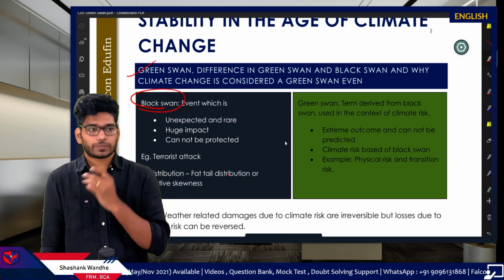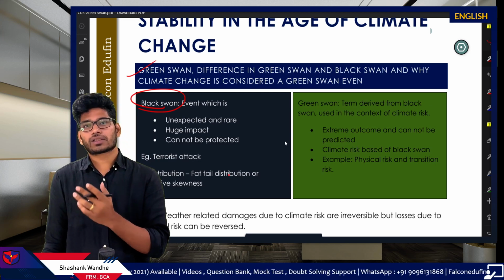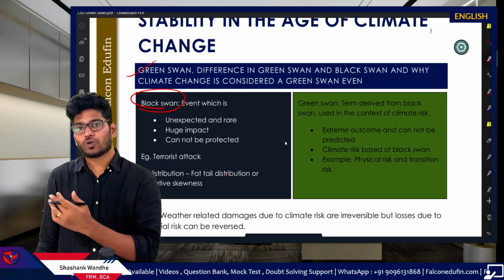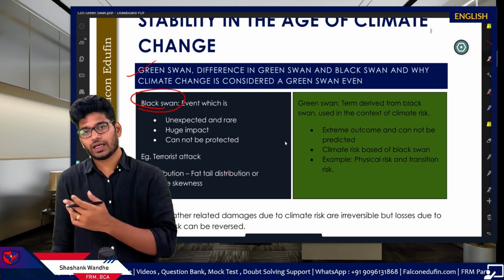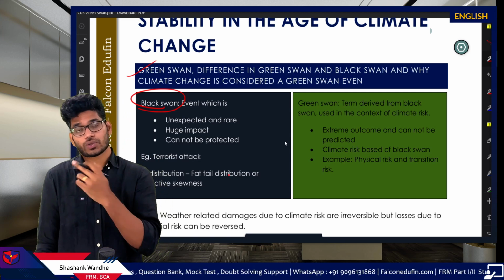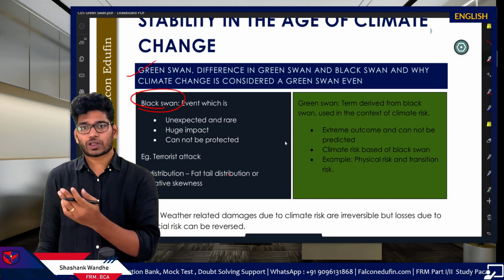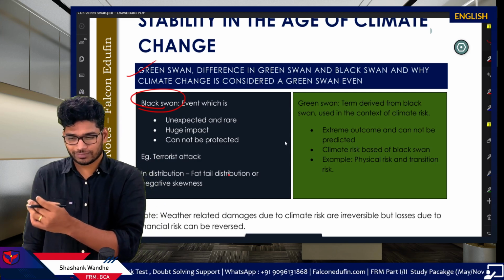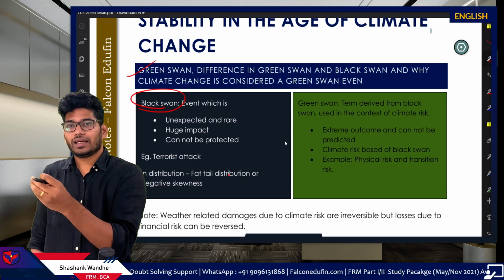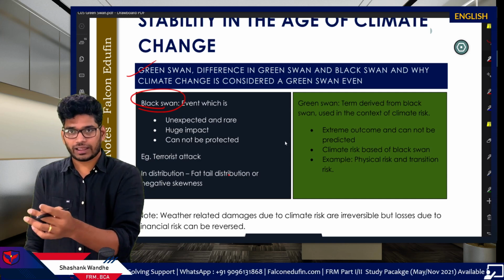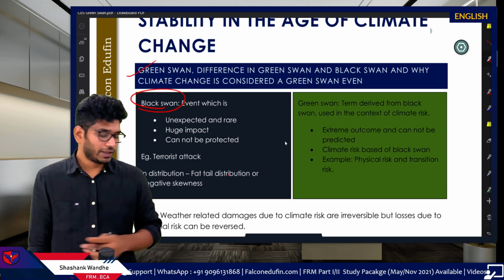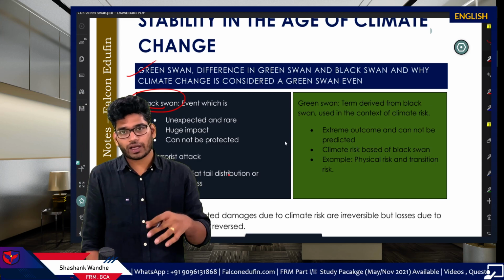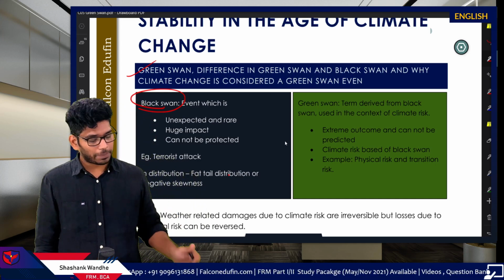Historically it was assumed that there are no black swans, and then in Australia they discovered the black swan. At that time it was assumed that there are no black swans, meaning you won't see any disaster or rare event, right? But it happened.